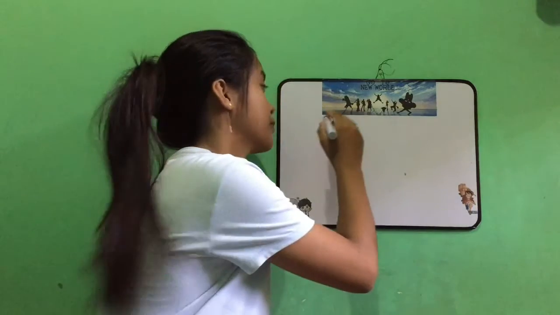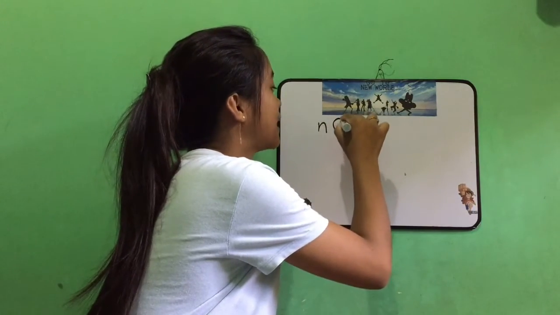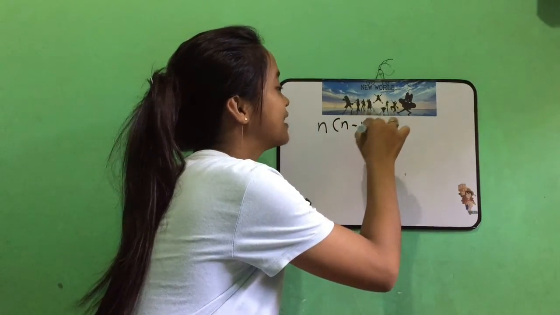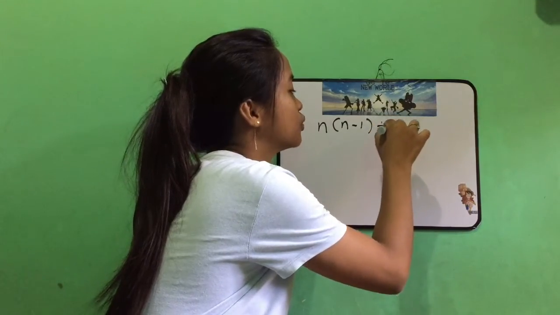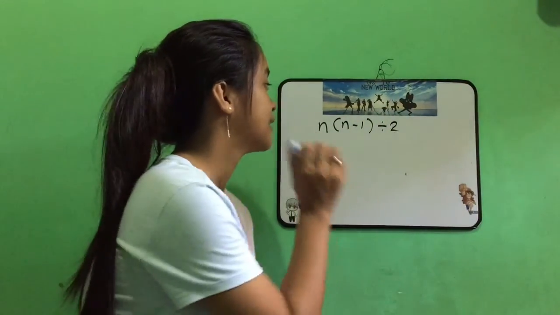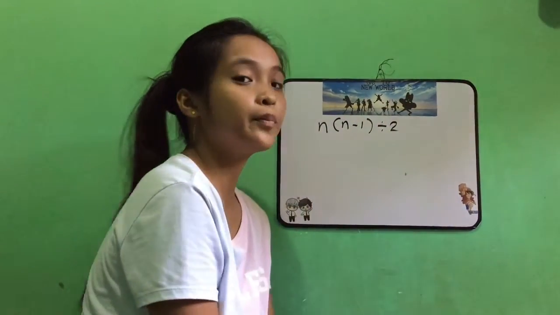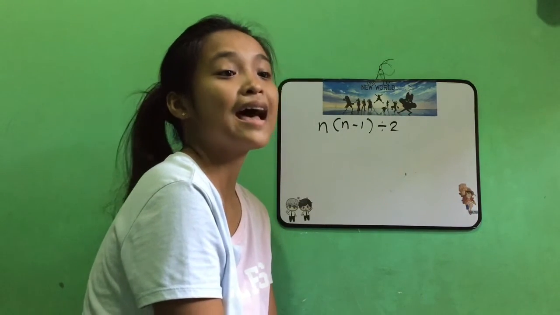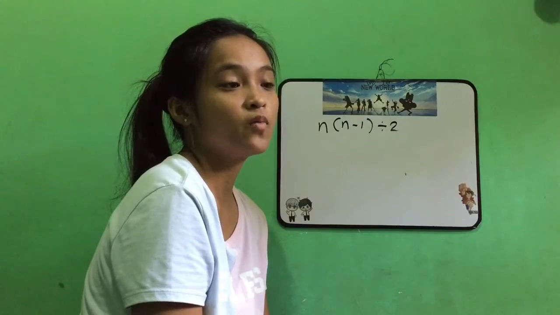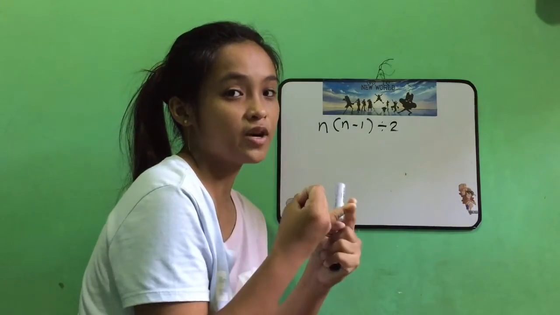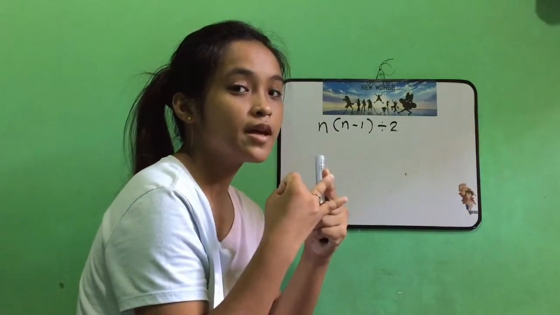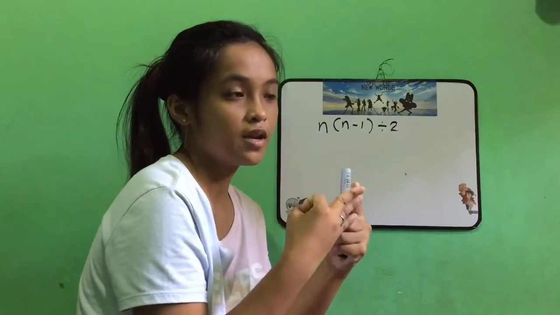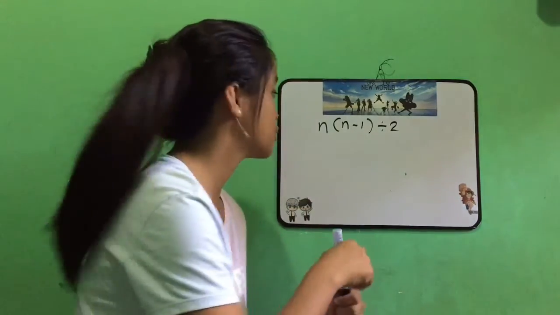By the given formula, n multiplied by n minus 1 divided by 2. So let n be the number of choices. Since example number 1 has 3 choices, which are appetizer, main course, and the dessert, let's substitute.